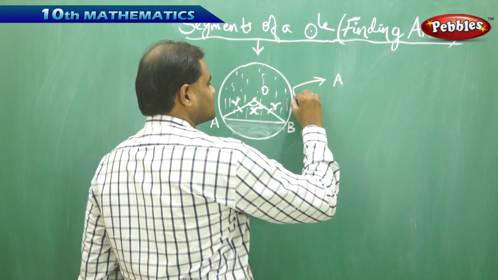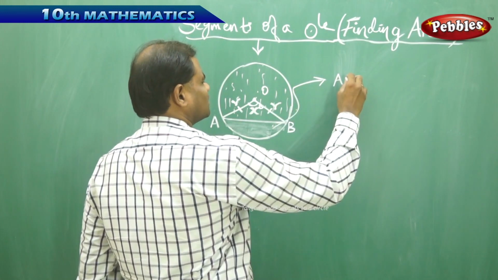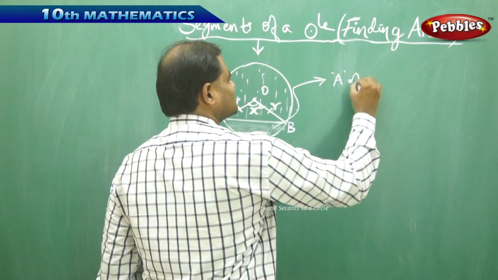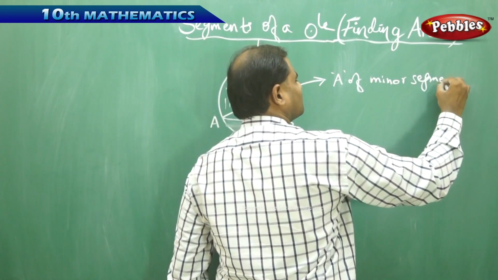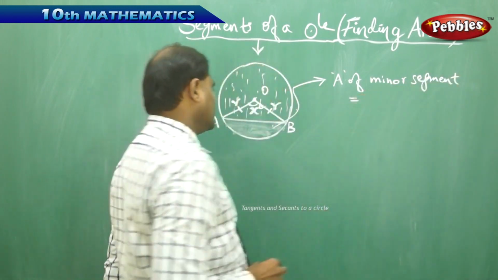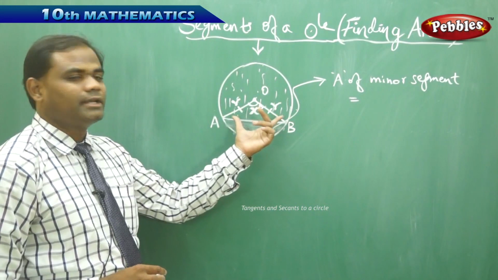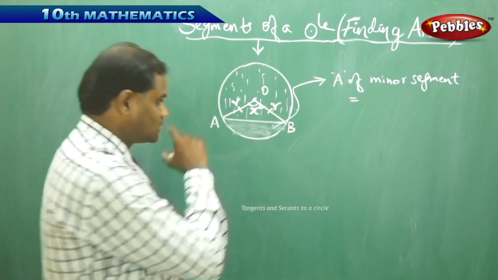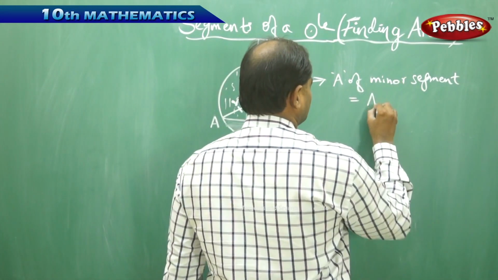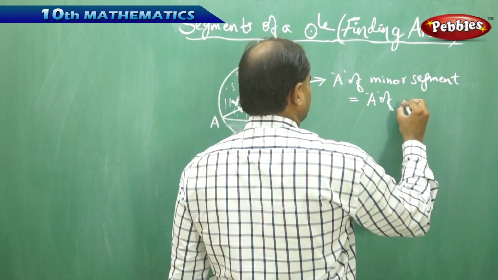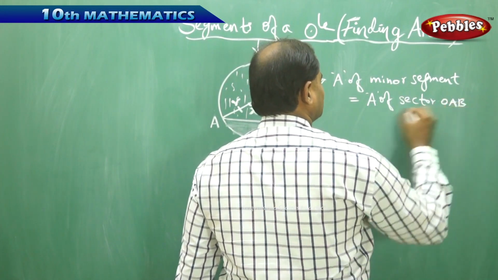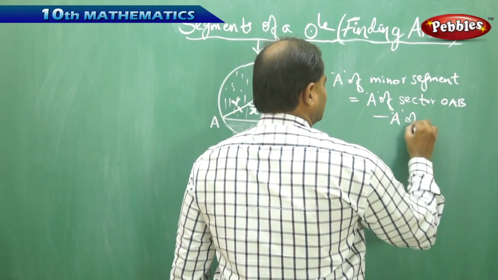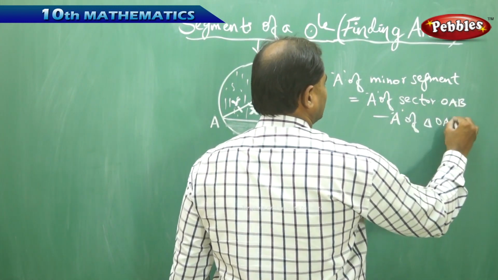Therefore, in this case the area of the minor segment is given by area of the whole sector minus area of the triangle. So area of minor segment is area of sector OAB minus area of triangle OAB.